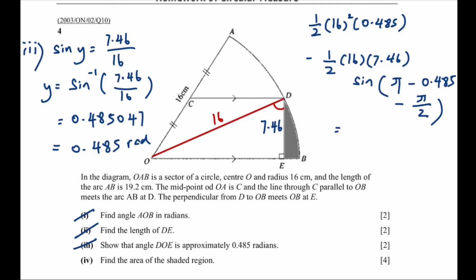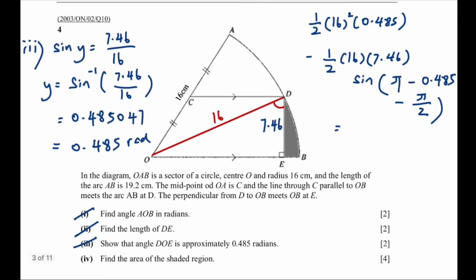So let's see what is the answer. 1/2 times 16 squared times 0.8485 minus 1/2 times 16 times 7.46 times sine, bracket, pi minus 0.8485 minus pi over 2, close bracket. Final answer 9.28. Okay, I'll repeat one more time.